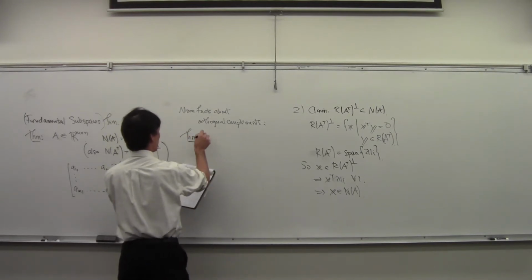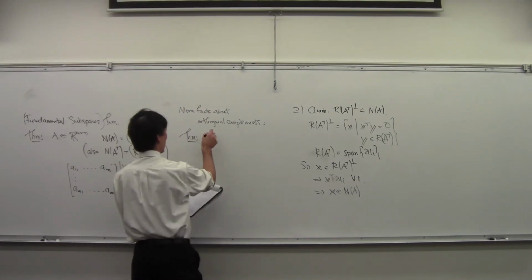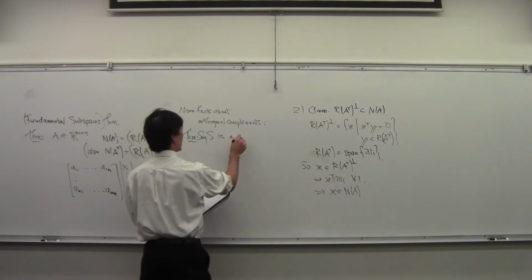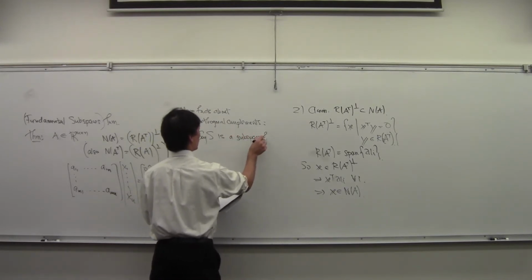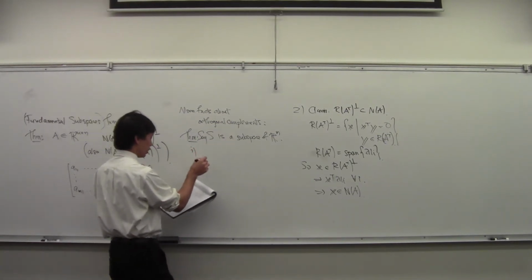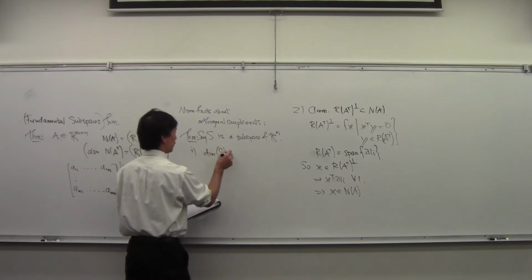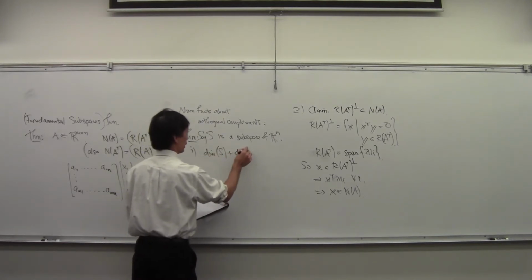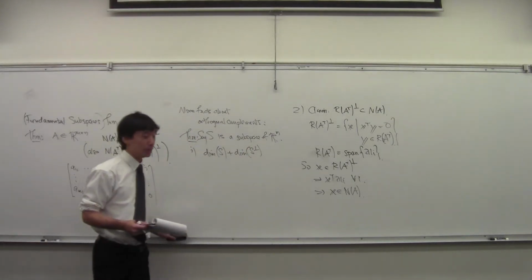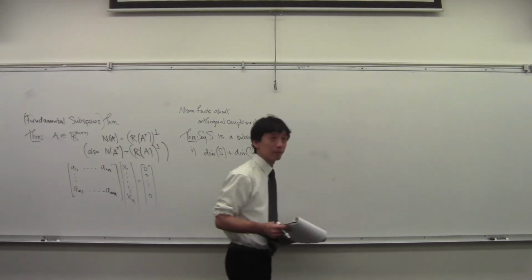Part one, let's say that S is a subspace of Rn. There's actually some connection between the dimension of S and the dimension of S perp. Maybe you can guess it. What's the relation between the dimension of S and the dimension of S perp?